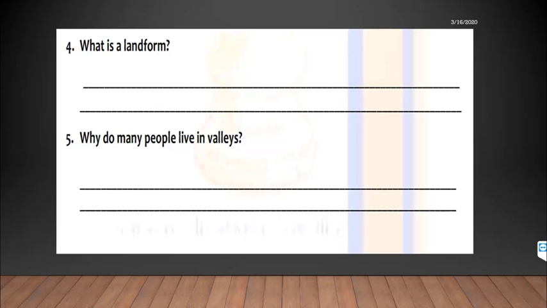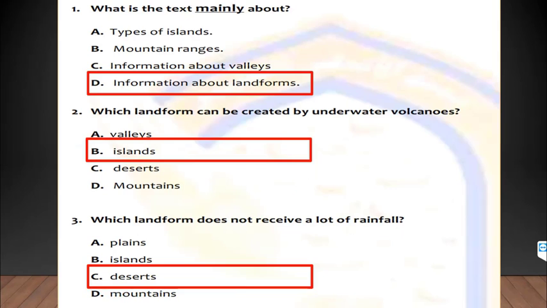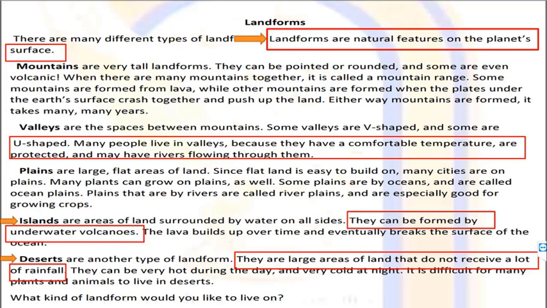Now look at the constructed response questions. What's a landform? It is a very simple answer. You can easily identify the answer in the first 2 lines of the text. Look at the arrow, and that shows the answer clearly. Landforms are natural features on the planet's surface.